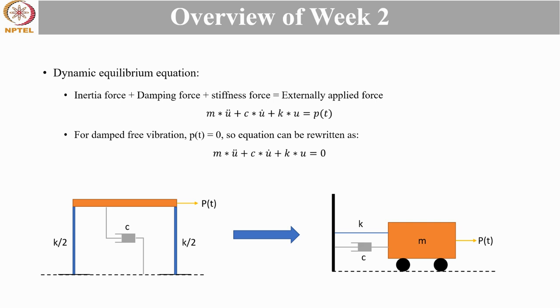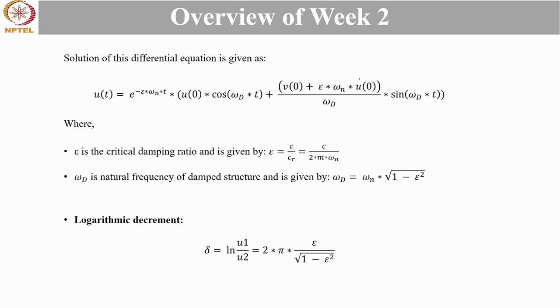And the same thing can be simplified with certain assumptions into an analytical model that is shown on the right side of the figure. Now, upon solving the second equation with the given initial boundary conditions, we get the equation of displacement versus time as given in the equation. u(t) is equal to e to the power of minus epsilon omega n t.